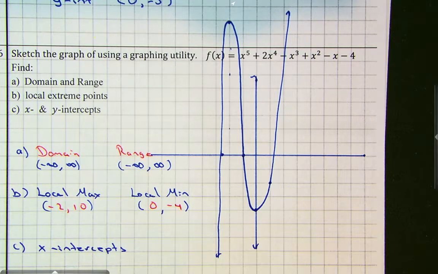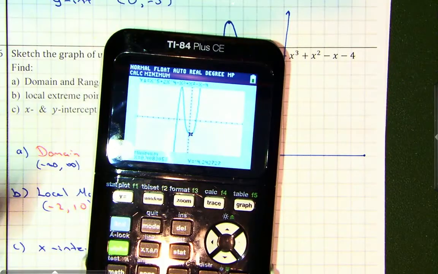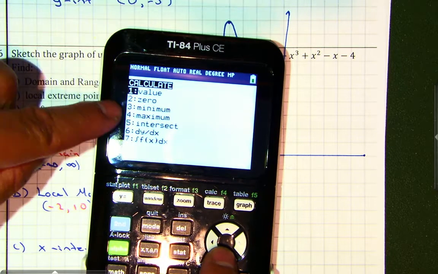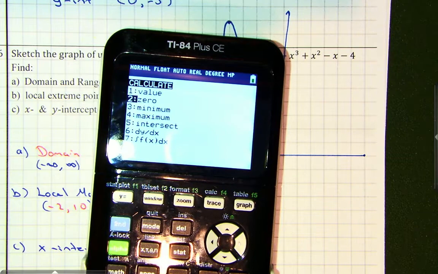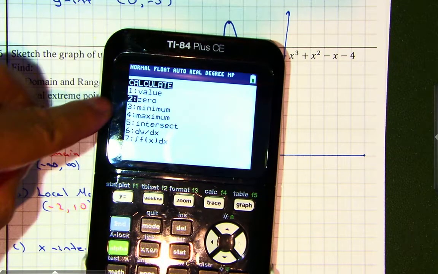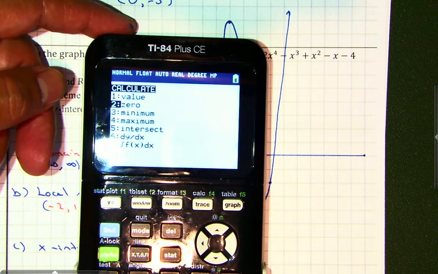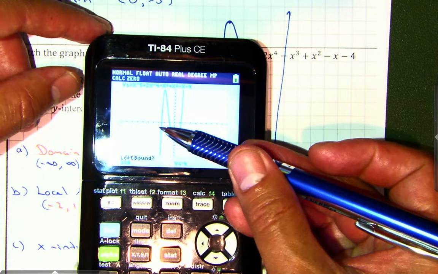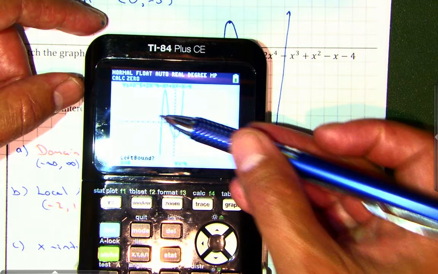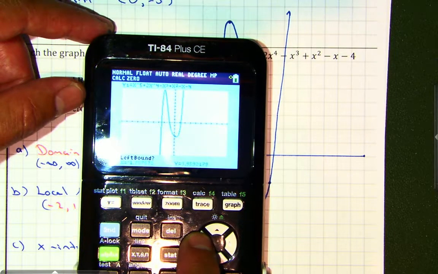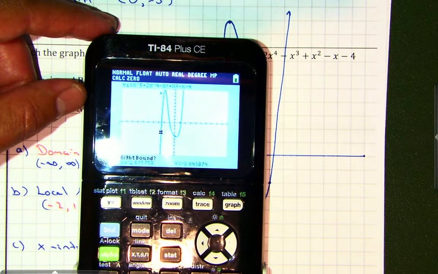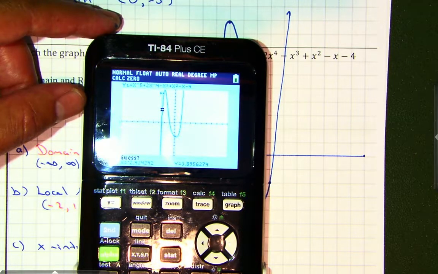Now, for your x-intercepts, we're going to do the same thing. To find your x-intercepts, we are going to calculate, and we're going to find the zero, or the roots, or the x-intercepts or solutions, but in this case, they label it as zero. We're going to do a left bound. We're going to find this one first. So we go on the left and on the right, so that way it has to be somewhere in between.